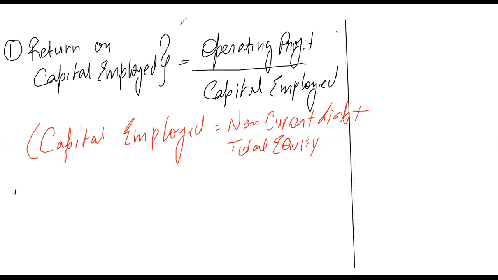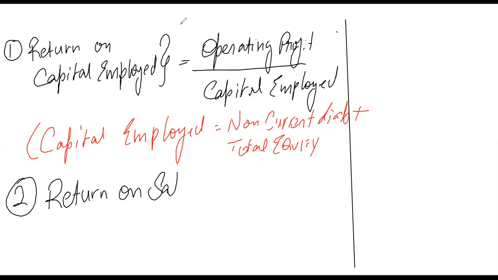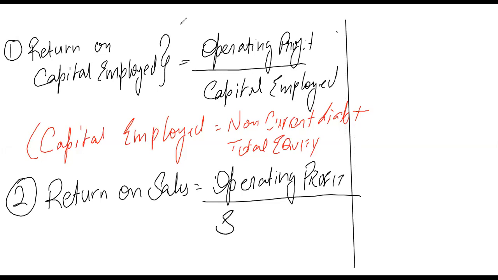The second one was return on sales. Return on sales can be calculated by dividing the operating profit by sales, or in other words, revenue.